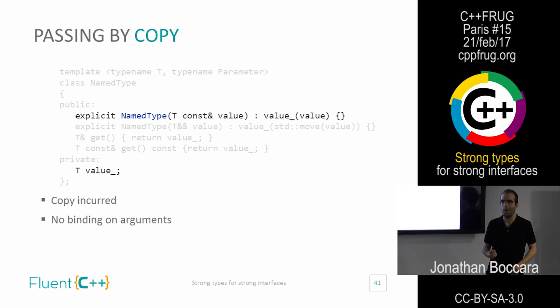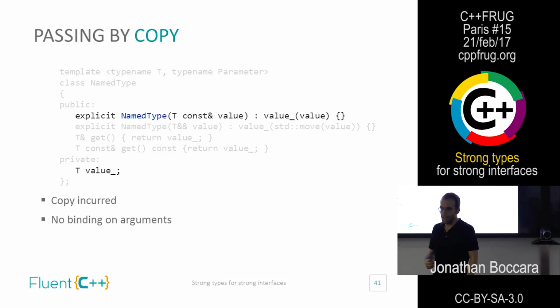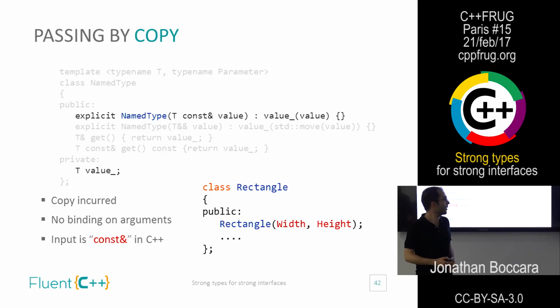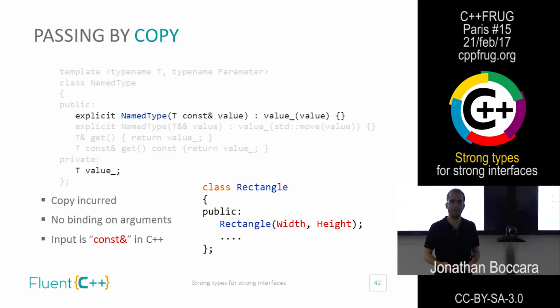The second thing, which I think is more important because you're likely to care more often about that, is that with a strong type like copy, you can't bind a reference to the argument you're passing, right? To illustrate, one last drawback is that often, not all the time obviously, but often, input parameters are passed to function by reference to const, right?